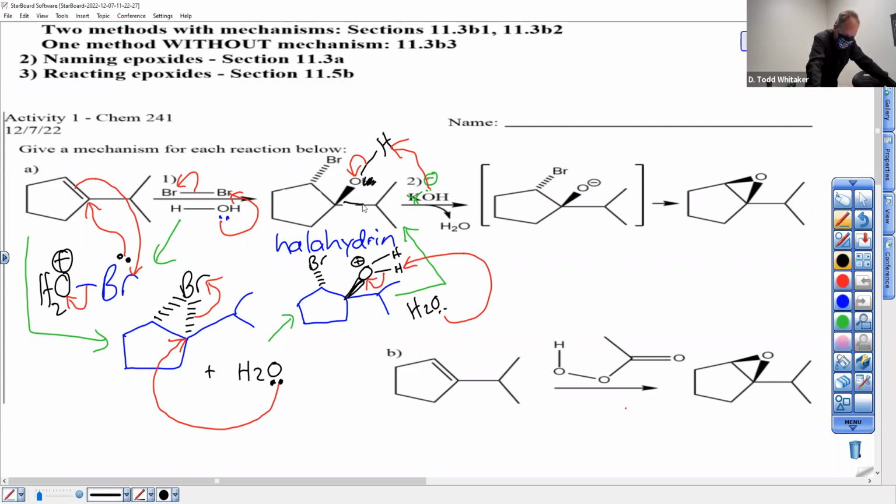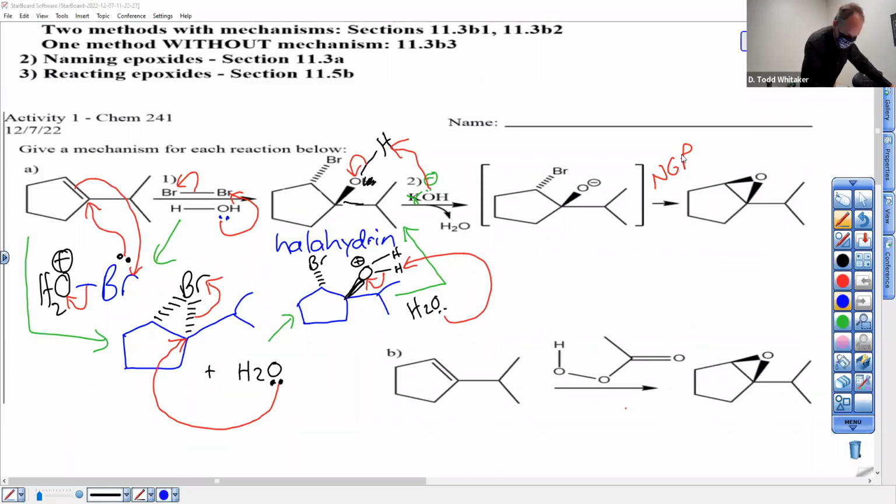Hey, if I wrote this on the screen here, could you finish the mechanism for me? I got a nucleophile. It's a strong nucleophile this time. You don't usually see those inside the molecule. And a carbon next door with a leaving group. Backside attack. Leaving group leaves. End of story.